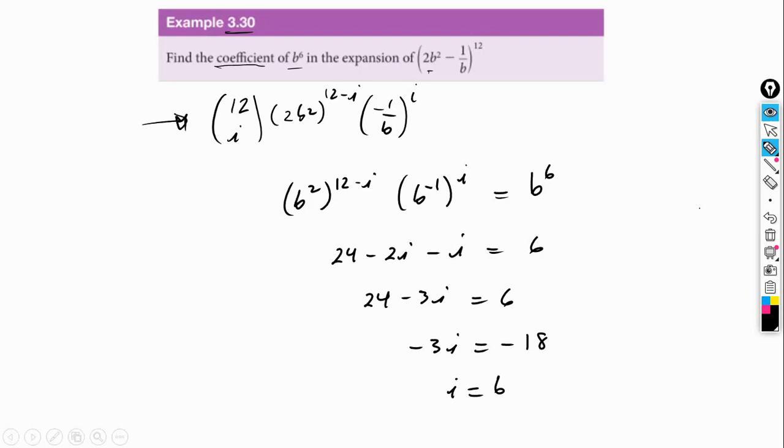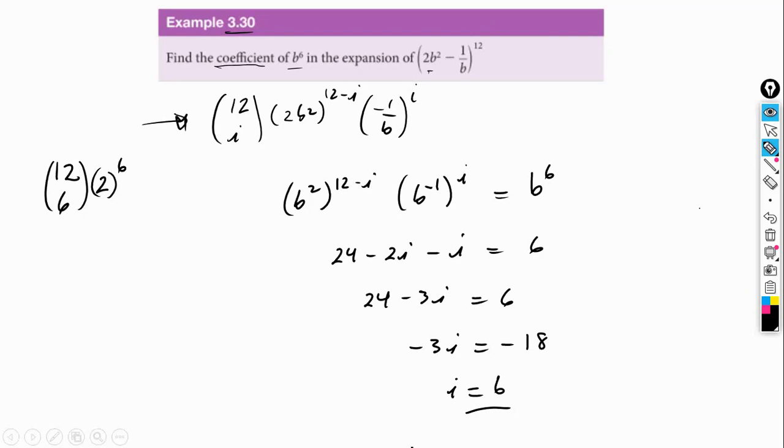Now we can just plug that in here and solve, right? So we would say, okay, so 12 choose 6, and since they only want the coefficients, we're only going to focus on the coefficients. So 12 choose 6 would give us the coefficient, but we also have to multiply by the constants that we have in this expression. So the next one would be 2, and this 2 would be to the power of 6, right? Because 12 minus i, and we saw that i is 6.